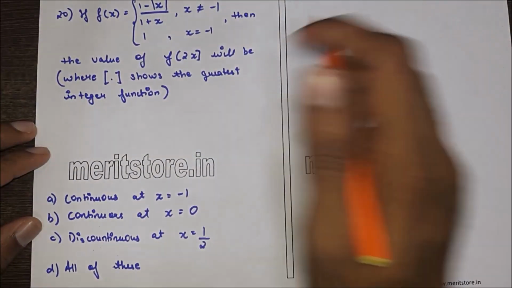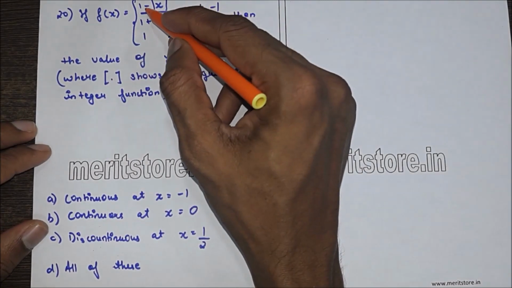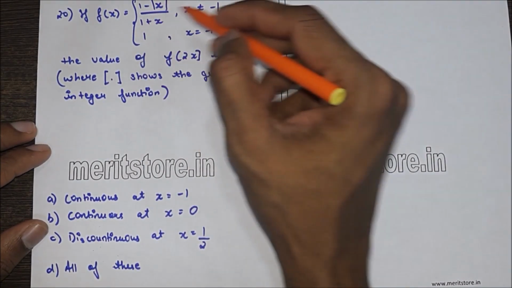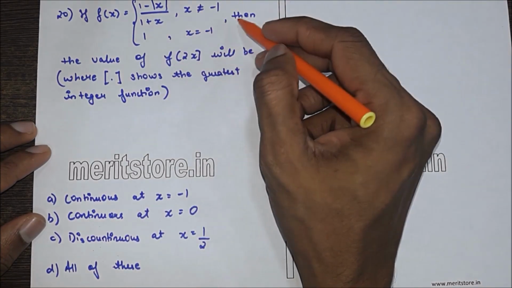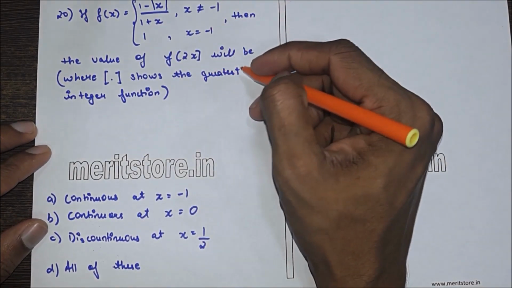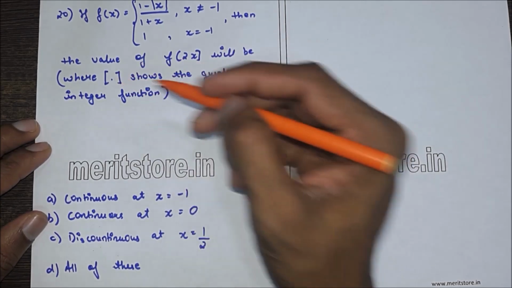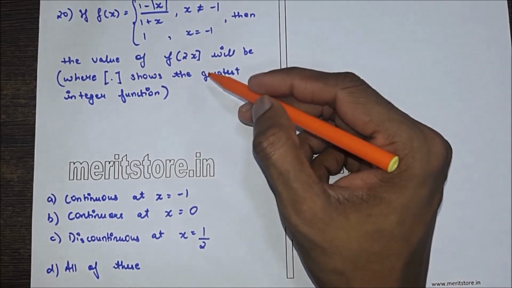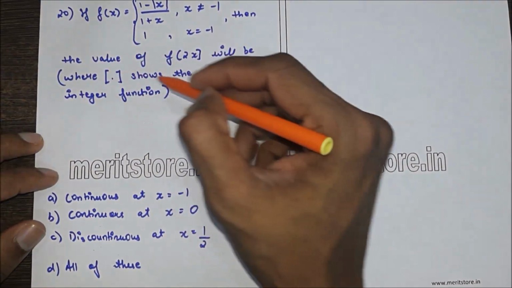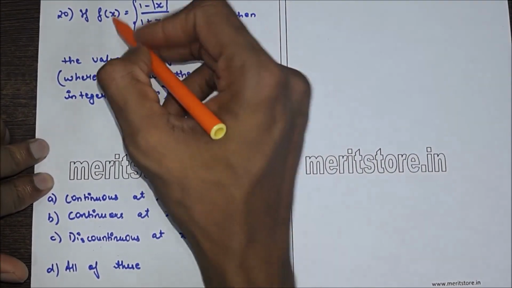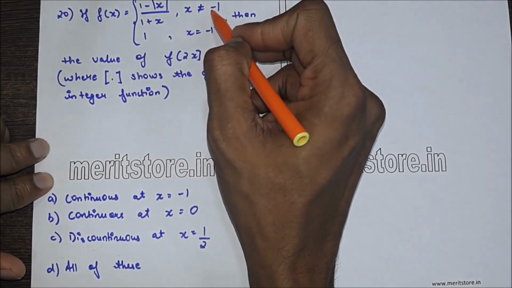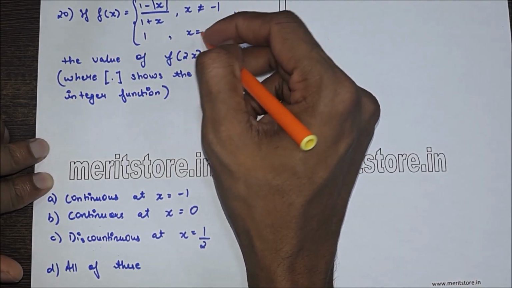Question 20. If f of x equals (1 minus mod x) upon (1 plus x) for x not equal to minus 1, and f of x equals something for x equal to minus 1, then the value of f of 2x will be, where the bracket shows the greatest integer function. So we have the function f of x for x not equal to minus 1 and x equal to minus 1.